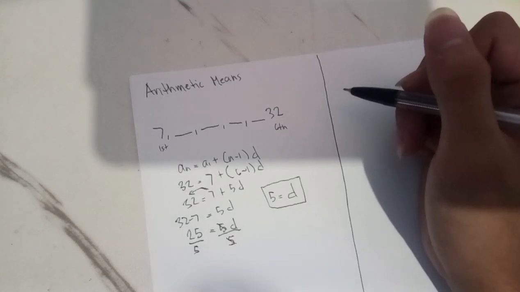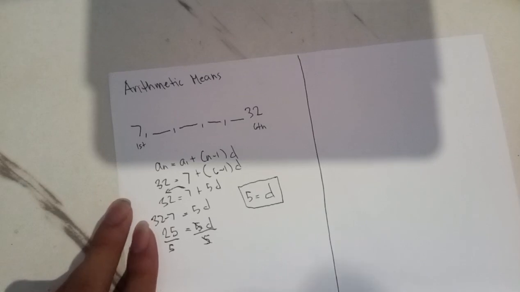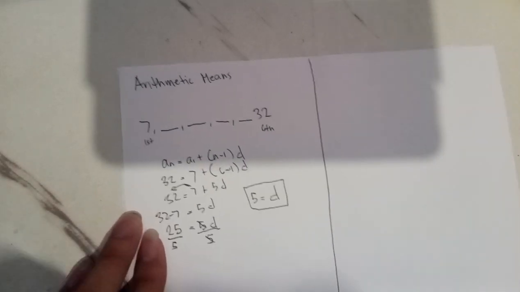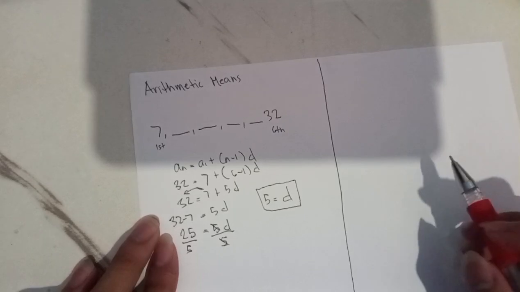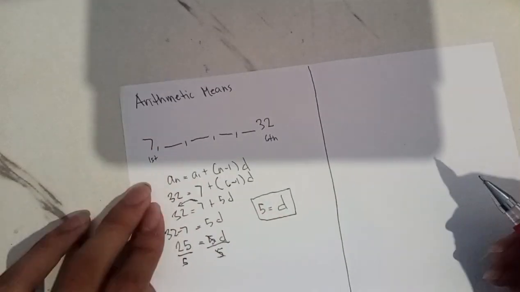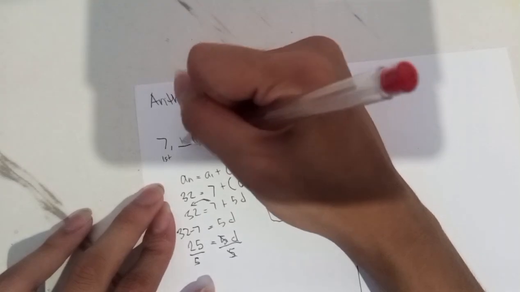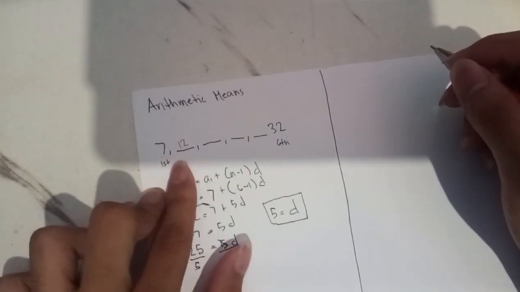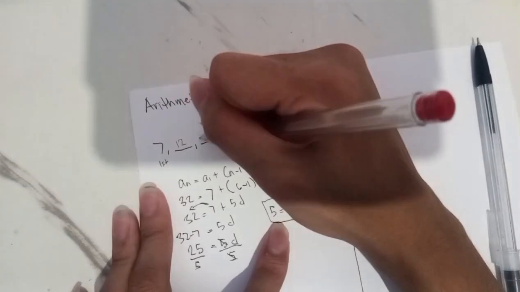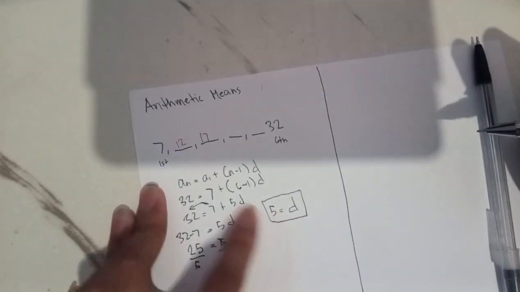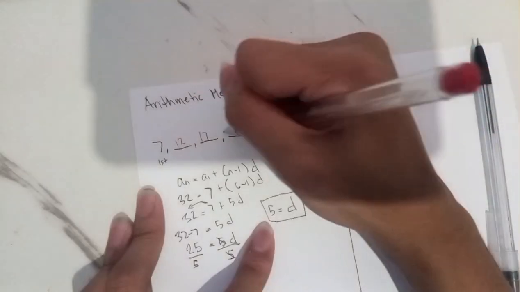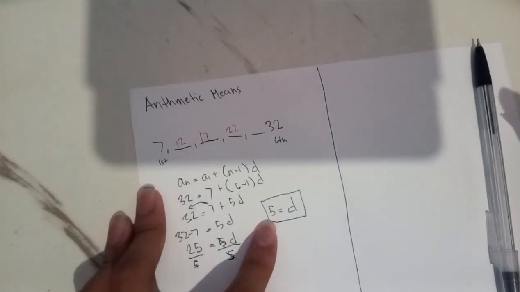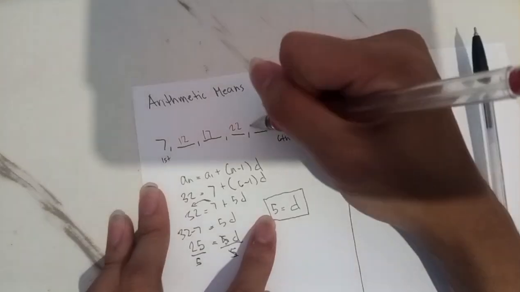Now let's try and add to see if we can get the answer of 32. So 7 plus 5, that is 12. 12 plus 5, that is 17. 17 plus 5, that is 22. 22 plus 5, that is 27.